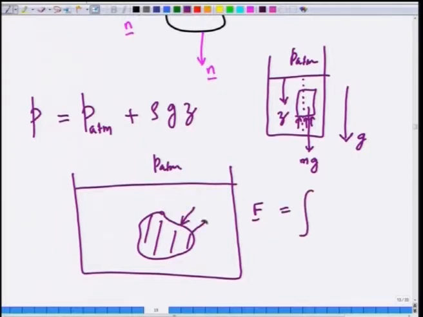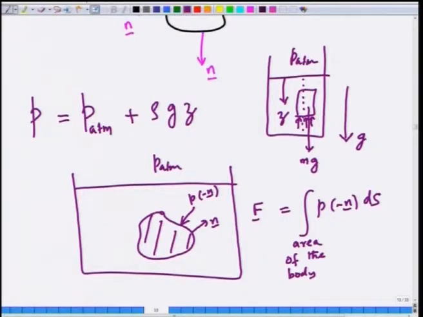If n is the normal, the pressure acts in the direction of minus n. Pressure is force per unit area, so this is P times minus n, the vector acting in this direction. You simply have to integrate P times minus n over the surface area of the body. Then you will get the net force due to pressure that acts on submerged or partially submerged objects and so on.